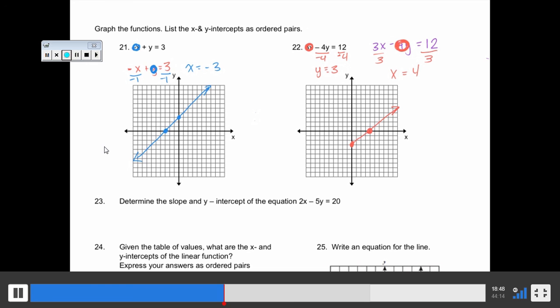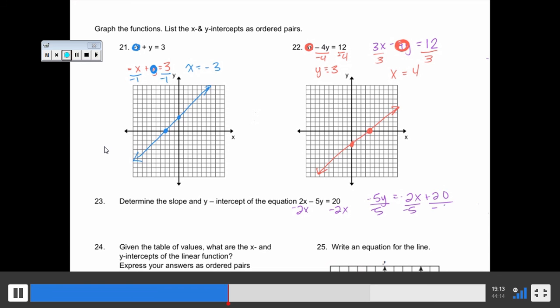And we connect that x and y-intercept. Okay, if we need the slope and the y-intercept of number 23, we just need to put it in slope-intercept form. That would be the easiest method. If we subtract 2x, -5y equals -2x plus 20.